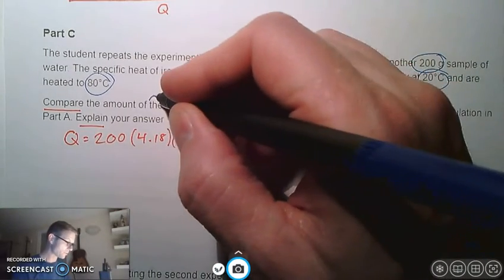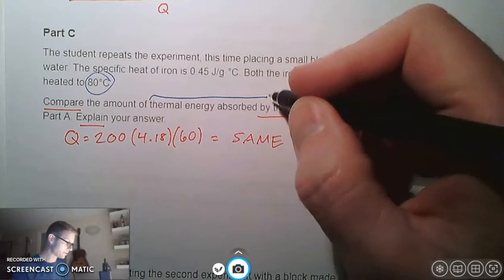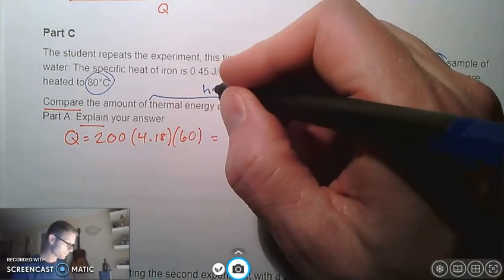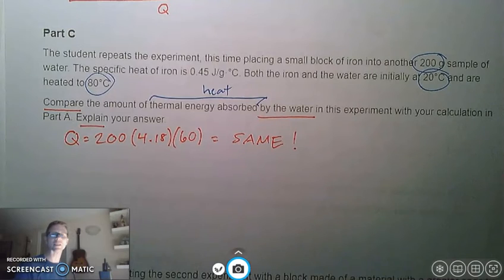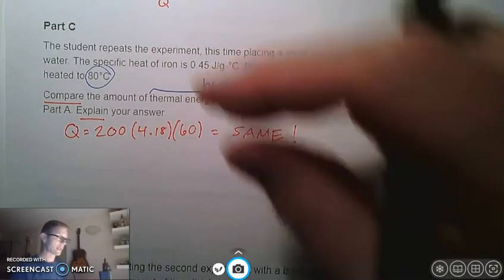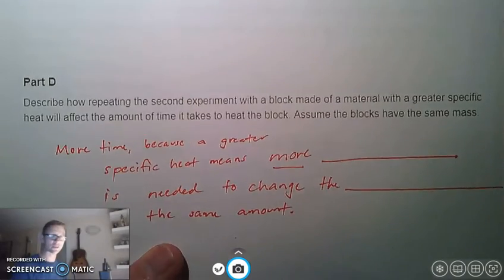Thermal energy absorbed is literally heat. So the heat is the same as it was in Part A. Why? Because the same substance went through the same temperature change. The same mass of the substance, too. I think they're really just trying to set us up to answer Part D.